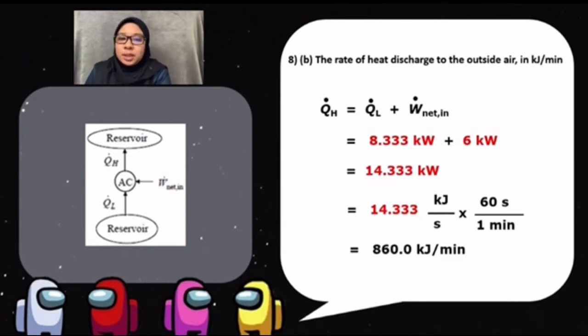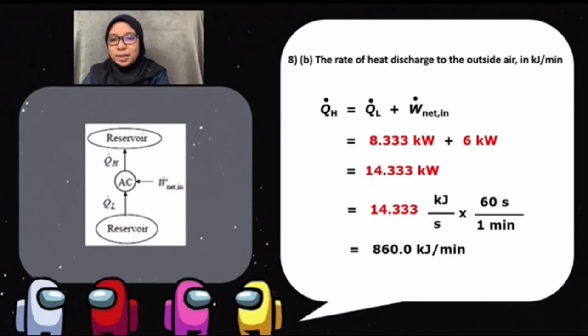Okay, for question 8B, we should determine the rate of heat discharged to the outside air in kilojoule per minute. To find Q dot H, we can use the formula W dot in equals Q dot H minus Q dot L, and rearrange to Q dot H equals Q dot L plus W dot in, and insert the info. 8.333 kilowatt plus 6 kilowatt, and we get Q dot H equals 14.333 kilowatt.